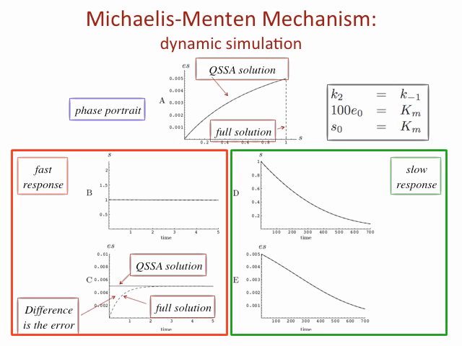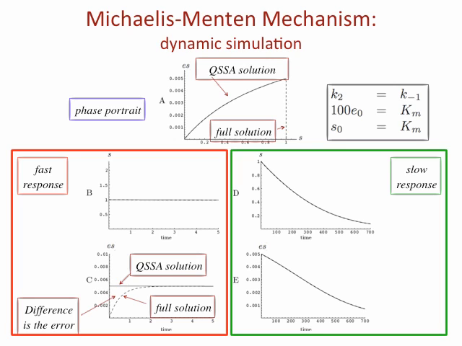Calculations from such simulations are illustrated in this slide. I show the numerical values used in that box to the top, and this is a situation where E naught, the total amount of enzyme, is 100 times less than the Km value.